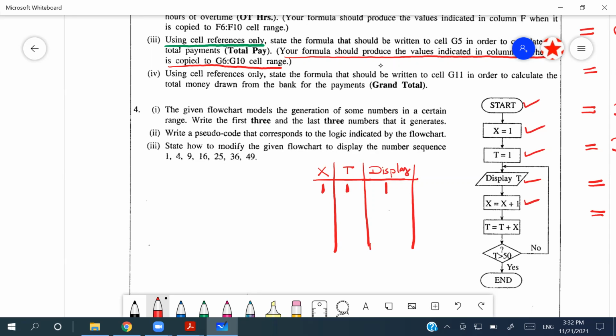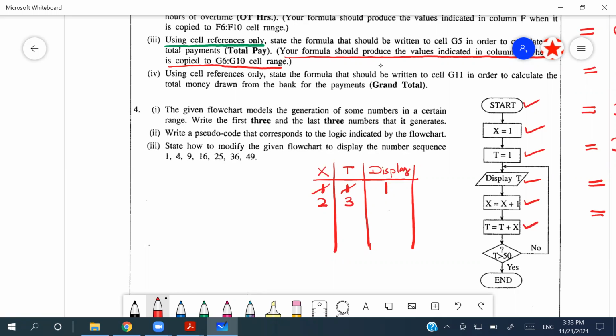Then it says x equals x plus 1. This means increase x by 1. So x is 2. Then again it says t equals t plus x. That means 2 plus 1, because x is 2, t is 1, so t will become 3.